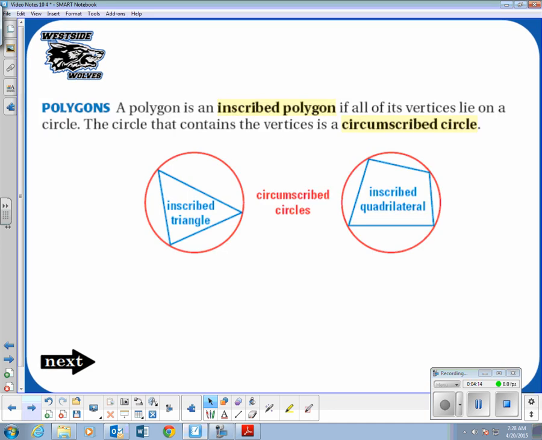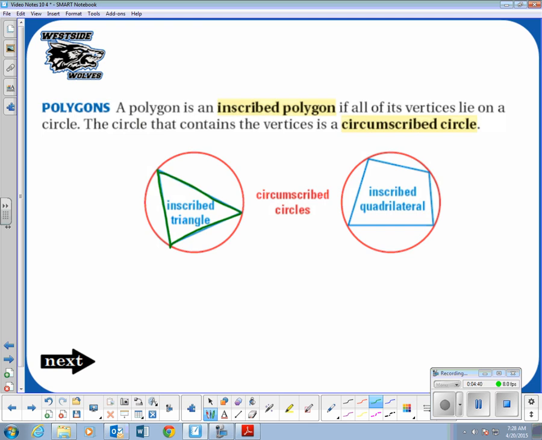All right, so understanding vocabulary is always important in geometry. First, we have an inscribed polygon, and then we have a circumscribed circle. An inscribed polygon is the figure on the inside of the circle, where each vertex of the polygon intersects the side of the circle. So here's this green inscribed polygon, which is in this case a triangle.